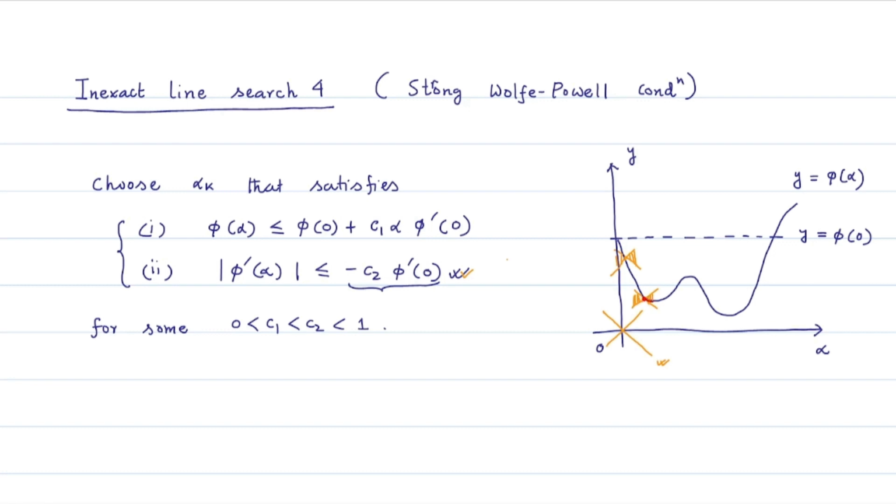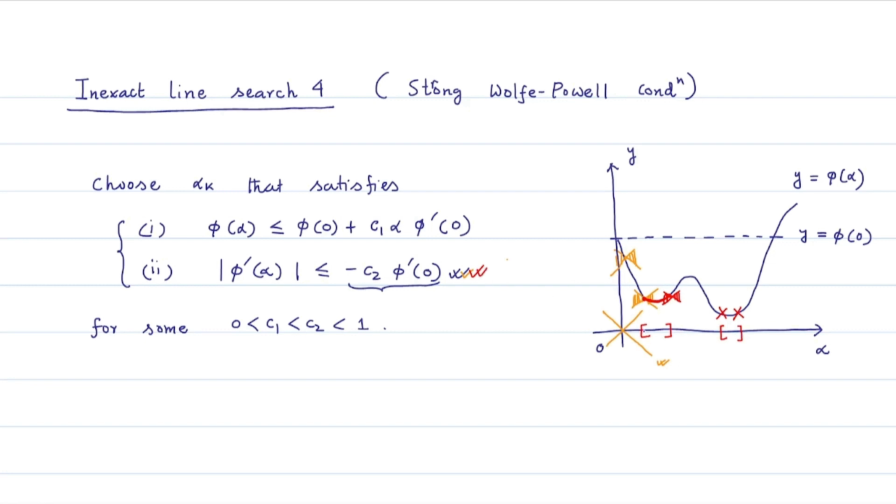So from here till this point, you will find that the graph of the function lies inside this shaded region. So this is an interval of alpha values which satisfy the second condition. Similarly, the set of all alpha values in between these two points also satisfy the second condition.